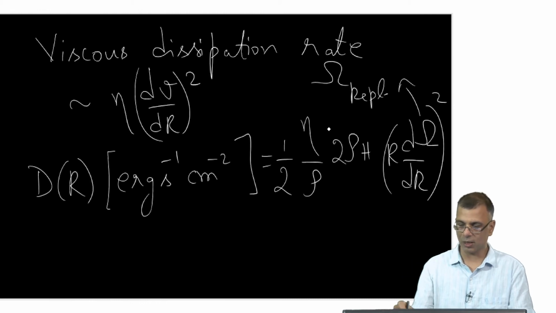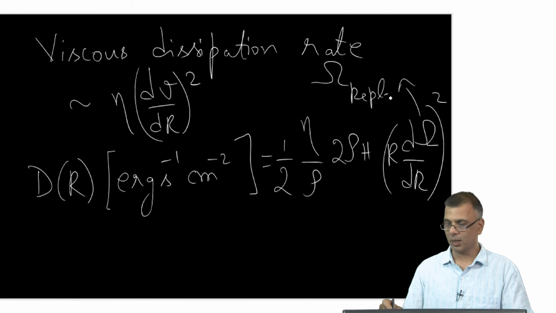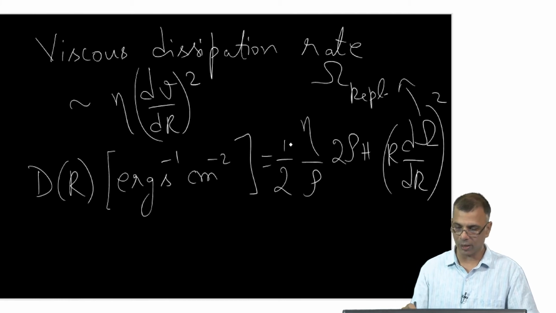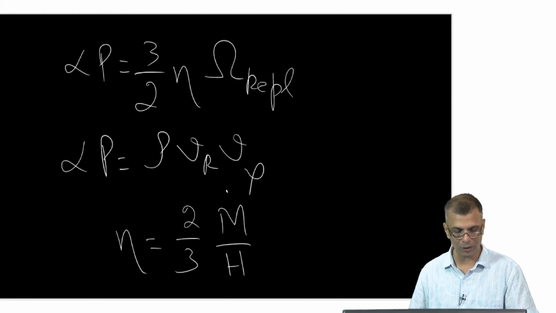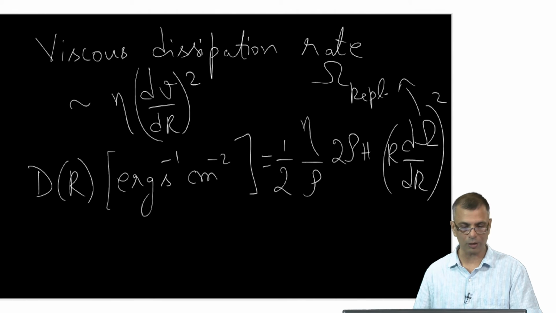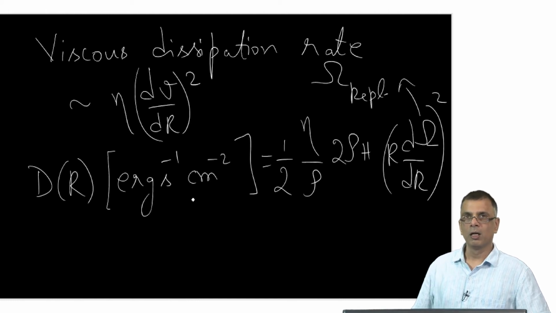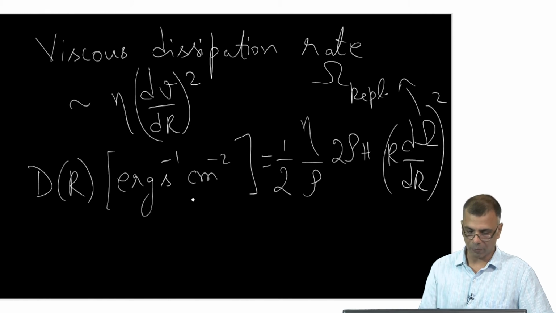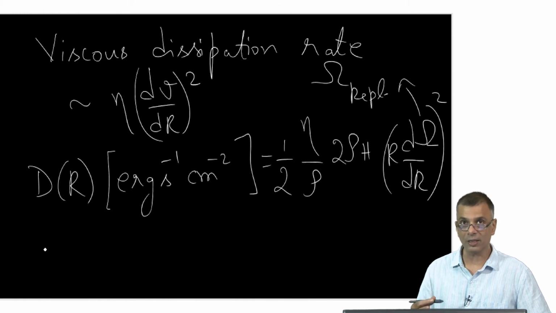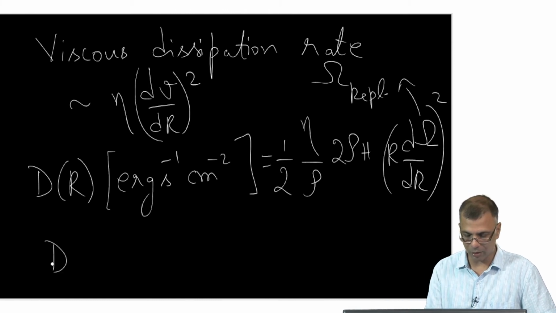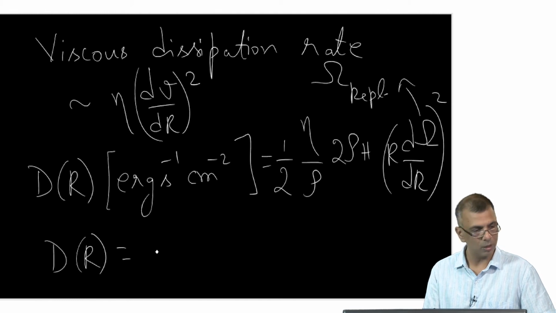And if you substitute, these rho cancel out, and if you substitute for this omega Keplerian, and if you substitute for this eta using this expression, you get the following nice expression for the number of ergs per second per centimeter squared that's potentially available via viscous dissipation, okay, available to heat the disk, and the heated disk of course radiates, okay, and so that would be essentially D of r is equal to 3/8 pi.